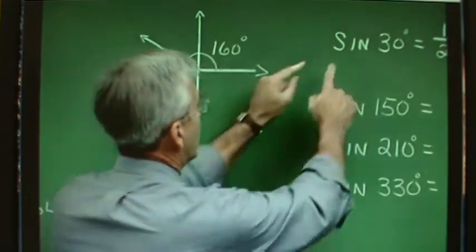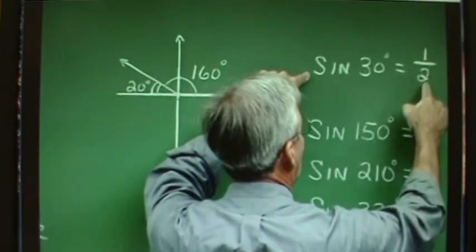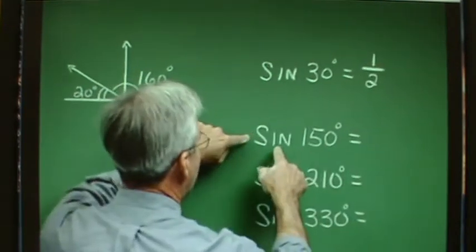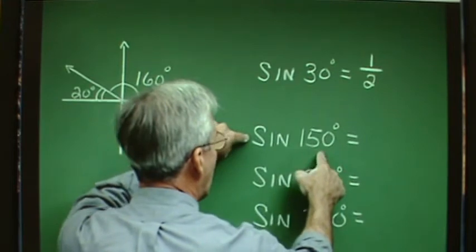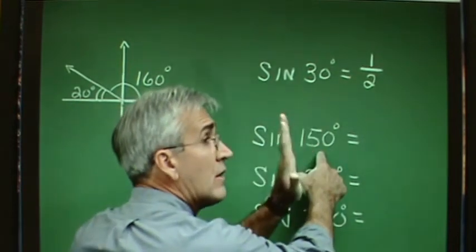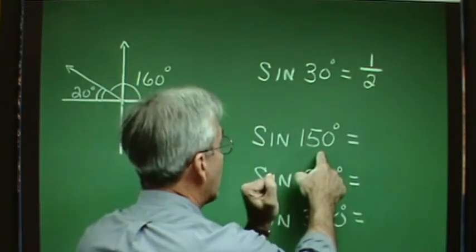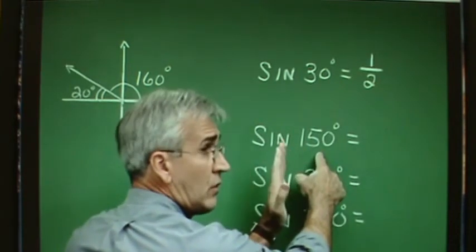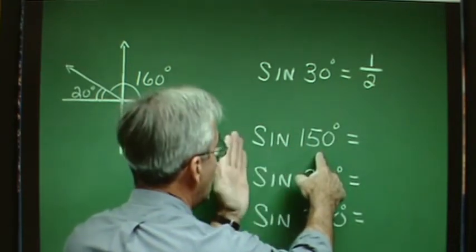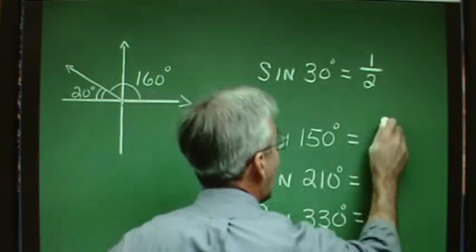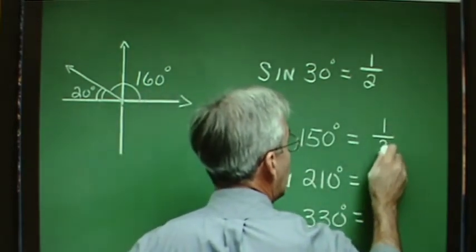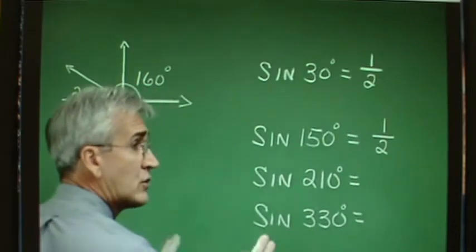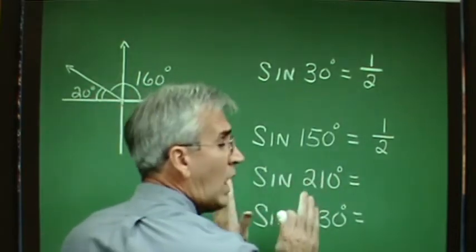The sine of 30 degrees we know is 1/2. Now, to find the sine of 150 degrees, we can imagine the reference angle for this is 180 minus 150, which is 30 degrees. So it's the sine of 30 degrees, or 1/2. The only trick here is to realize what quadrant we're in.